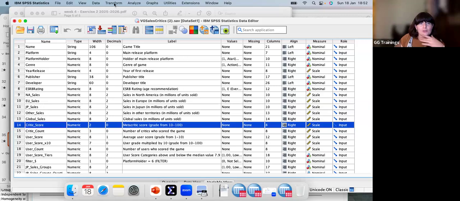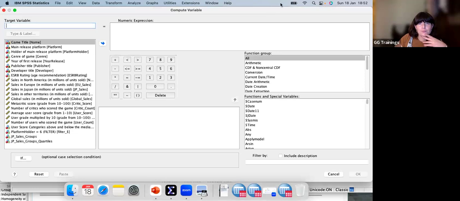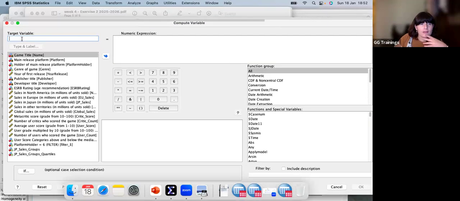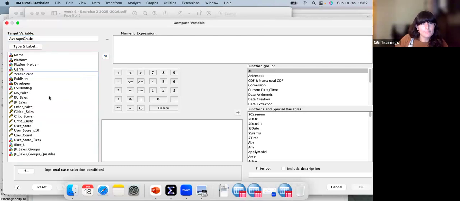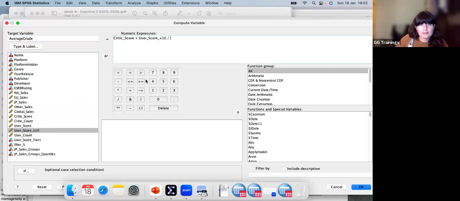Okay, let's go. So we go transform, compute variable. Grade, score 2. Don't forget brackets.